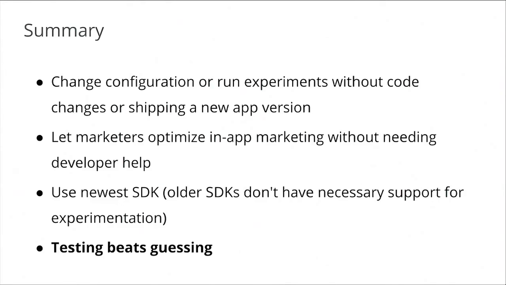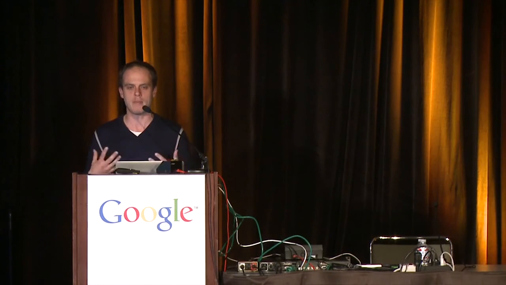So being able to push new configuration to all of your users at any time without needing to ship a new binary is a really powerful tool. And it can kind of change the way you think about how you can optimize your app and win, and what should be static versus what should be dynamically configurable. And we give you a really powerful rules engine to allow you to control that configuration as well.